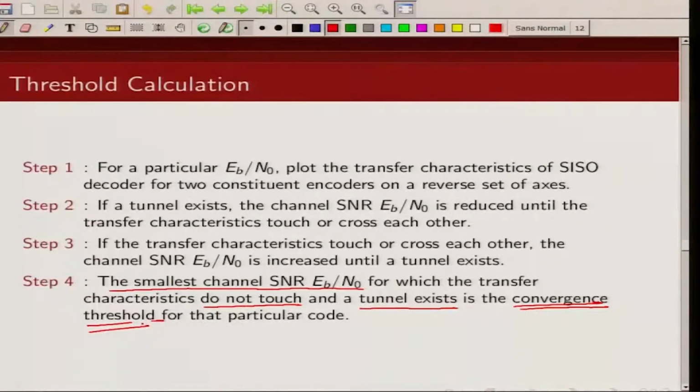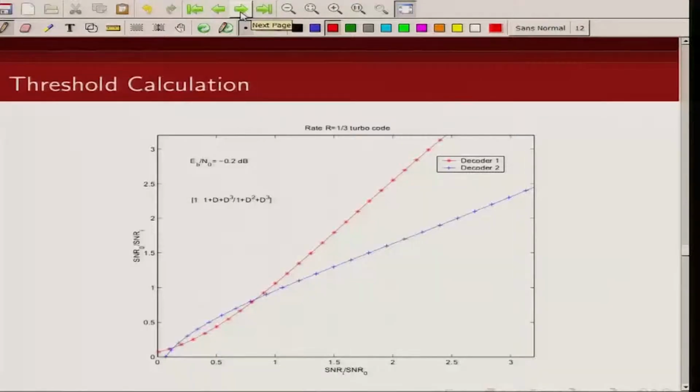That would give the minimum SNR under which that particular code will converge, and it will have a waterfall kind of behavior if you take a large enough block size.